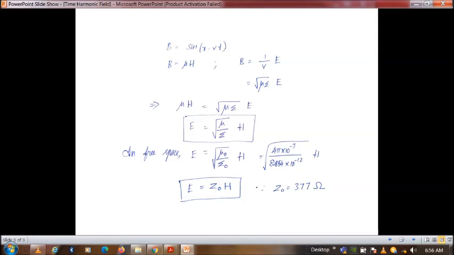So 377 ohm is the characteristic impedance of free space. So E is equal to Z naught H gives you the time harmonic field effect. This is the derivation for time harmonic field effect. Thank you.